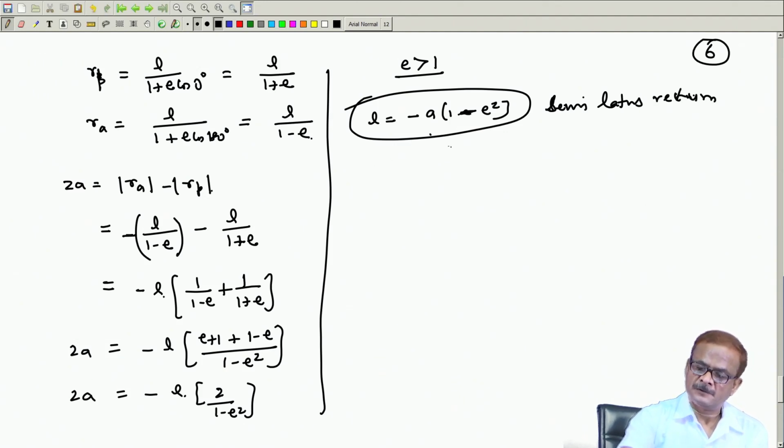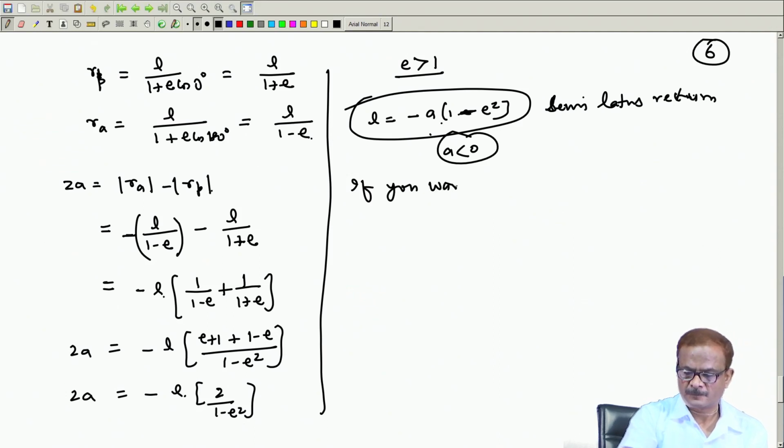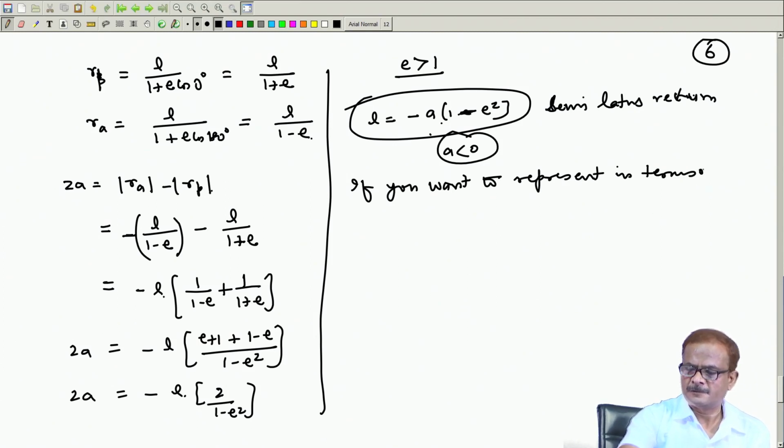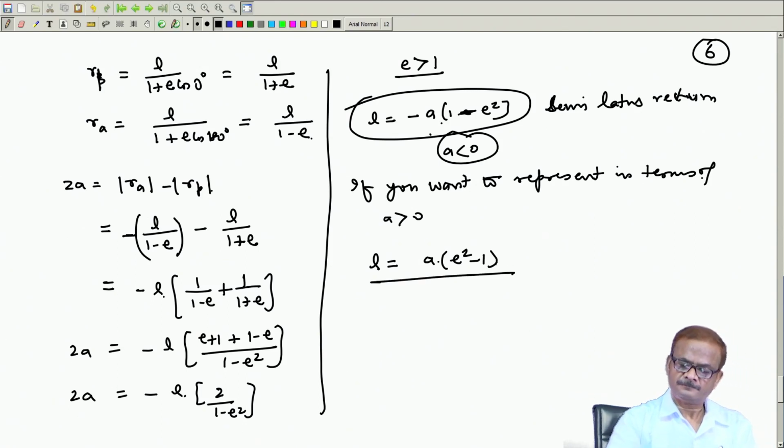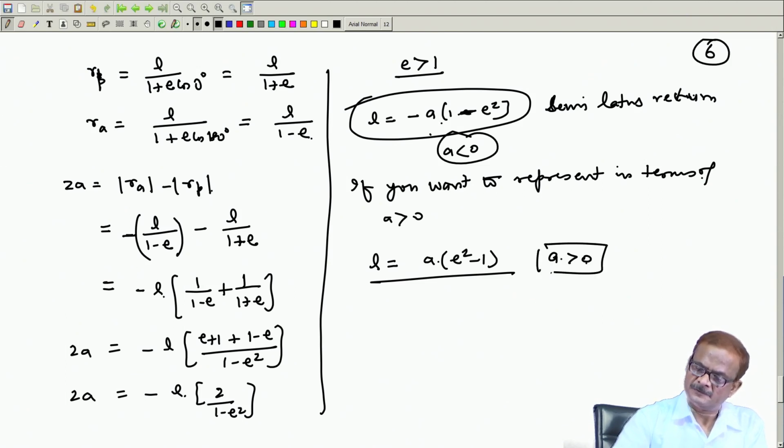But in this case a is less than 0. If you want to represent it in terms of a greater than 0, the same thing you should write as here, in this case, representing a greater than 0 and e also greater than 0.